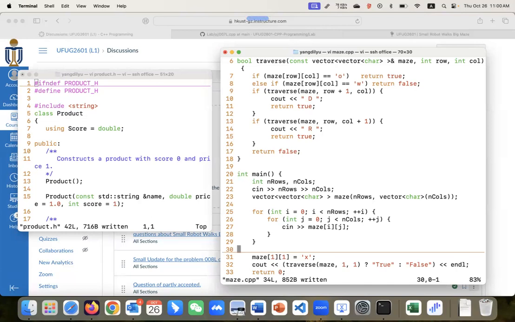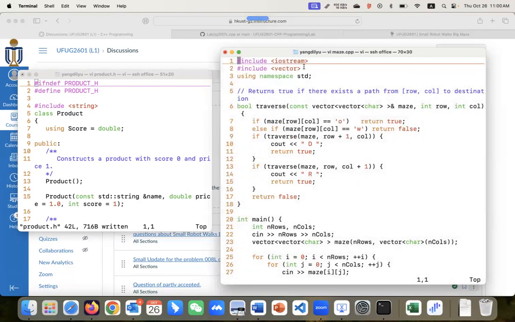For example, C++, I will give you the headers. But for some methods, such as vectors, you can use every method if you can remember it.